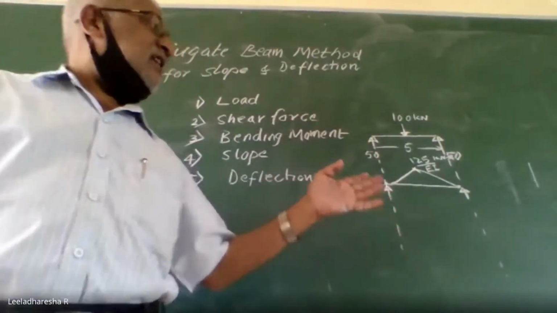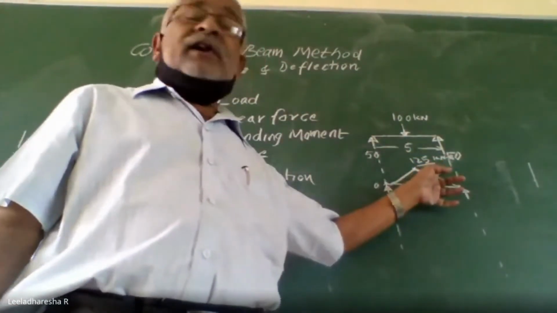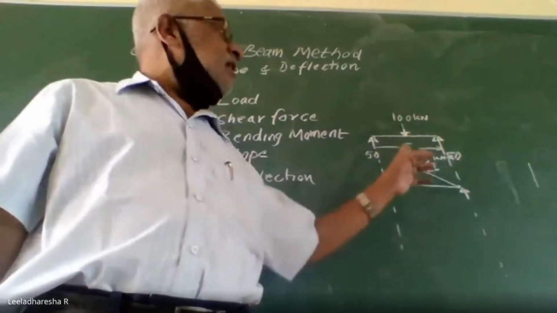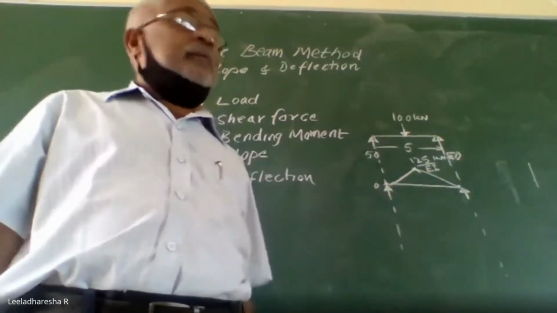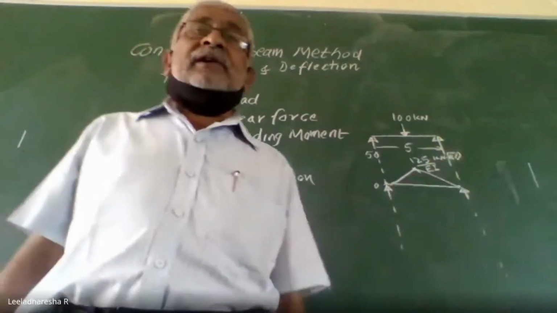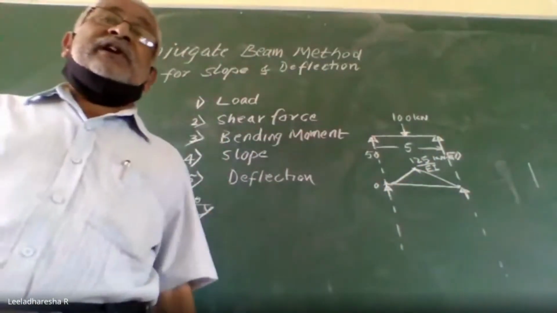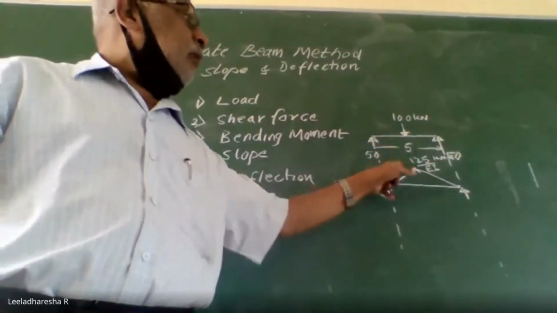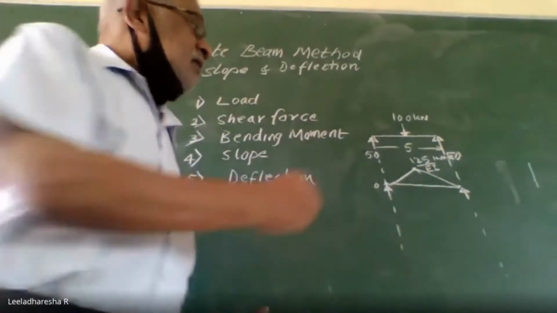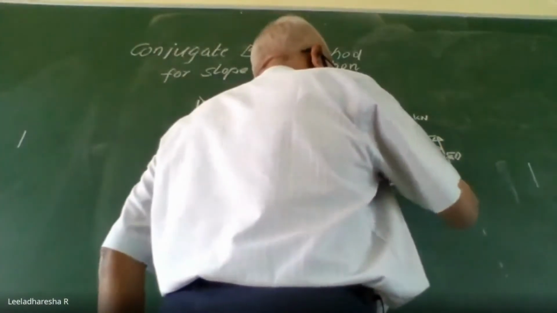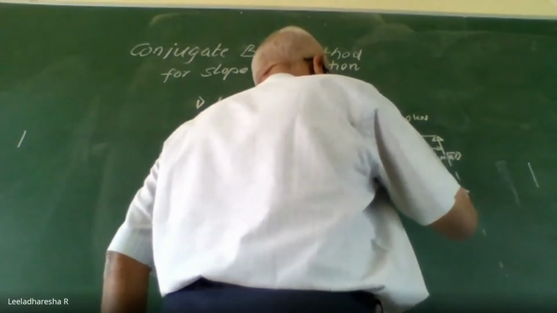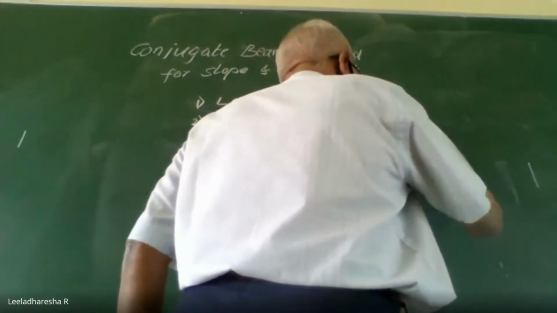We call it elastic load because E and I are also considered. E is nothing but the material property and I is nothing but the sectional property, right? So 125 by EI. Now I will treat this as the load acting on the beam.